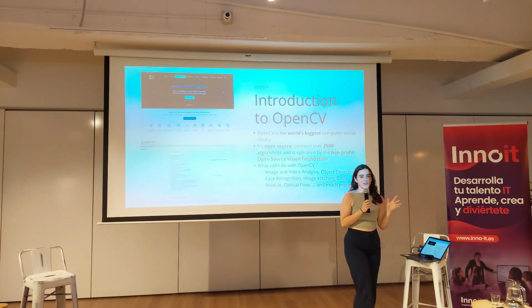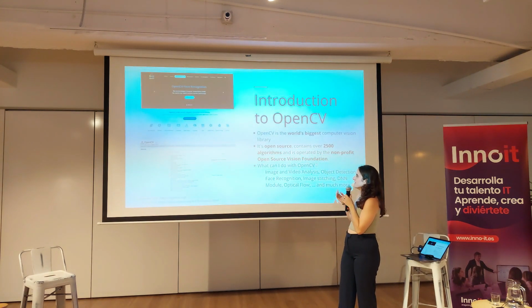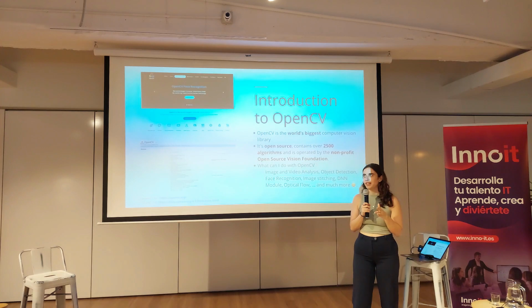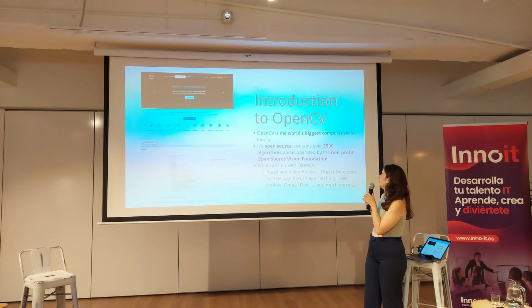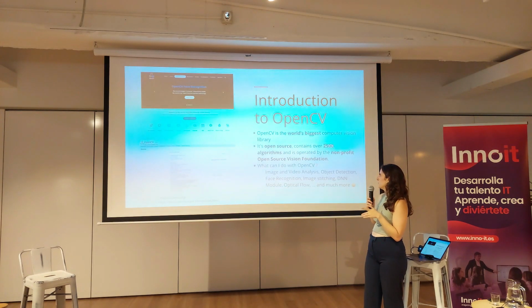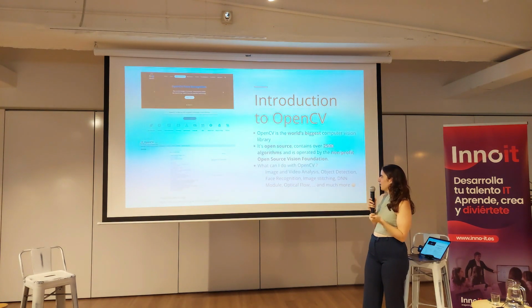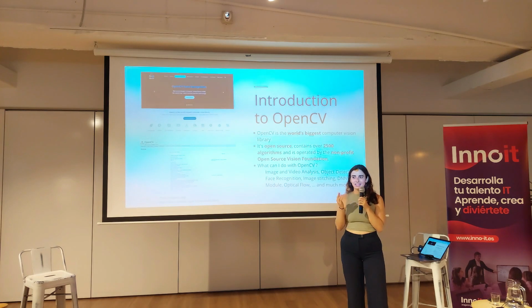Now let's go to the main topic of the conference, the OpenCV library. I will quote what the official website says: it's the world's biggest computer vision library. It is open source, it contains over 2,500 algorithms, and it is operated by the nonprofit Open Source Vision Foundation. And what can you do with this library?